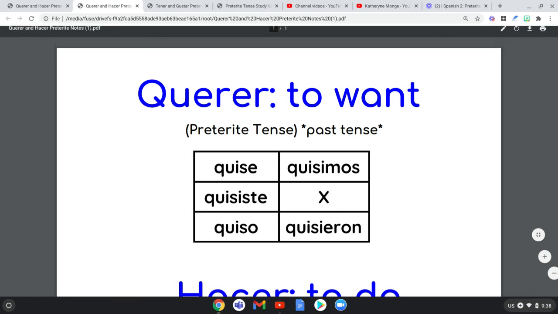It's a stem changer. Originally, if you remember querer back in Spanish 1, it was called a boot verb, like the shoe. Because querer became like quiero, where you put the letter I here in the middle, but you only did it for the boot shape. This entire row and this bottom one down here. That's not the case here, because actually, if you notice, all of them have, including the nosotros, Q-U-I-S.